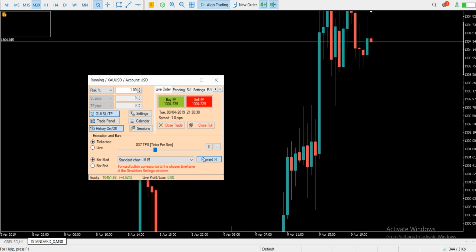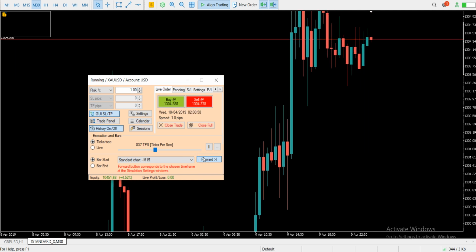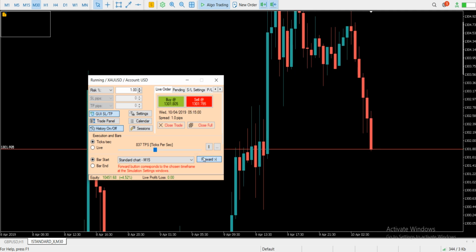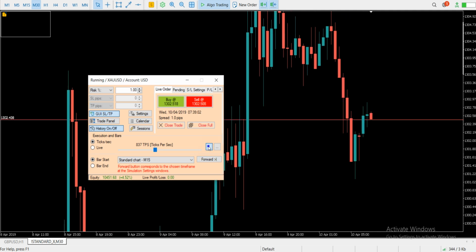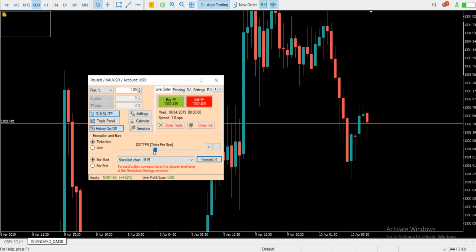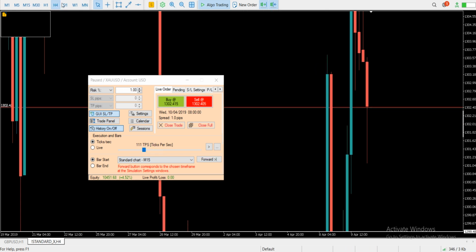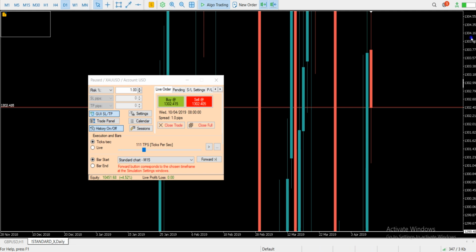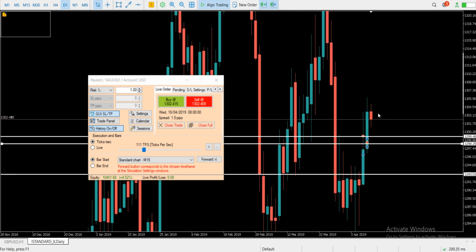Thursday. Let's visualize the 4-hour. Let's take a look at daily first. The daily candle is pushing up, right? This candle may just go down to create a bottom wick, and then it can go up.